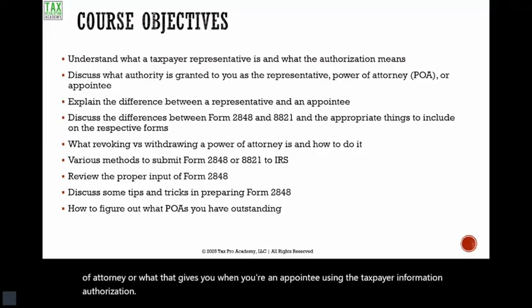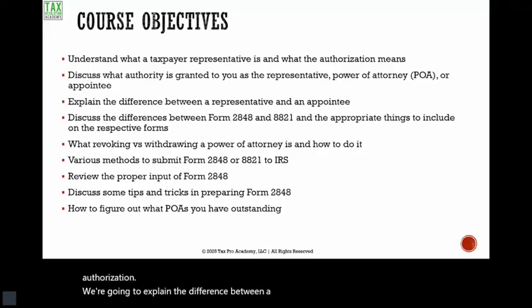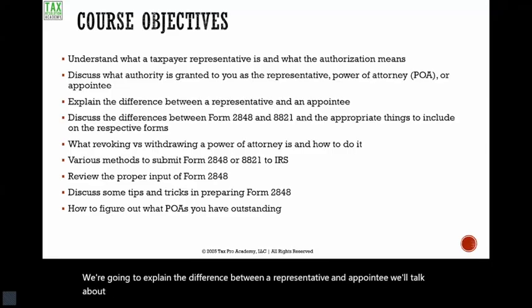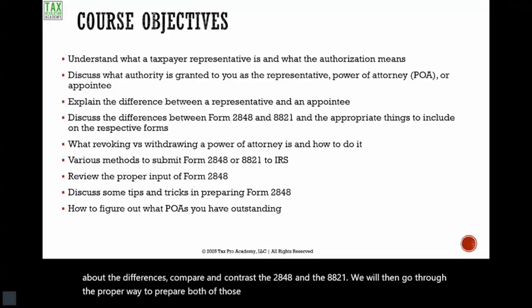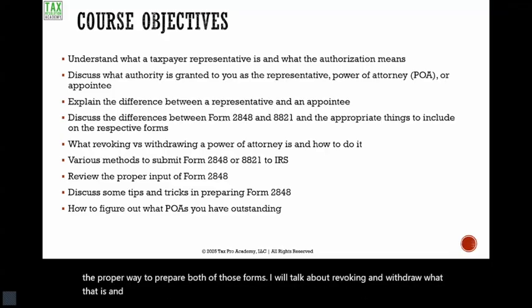We're going to explain the difference between a representative and appointee. We'll compare and contrast the 2848 and the 8821. We will then go through the proper way to prepare both of those forms. We'll talk about revoking and withdrawal, what that is and how to ultimately do it.